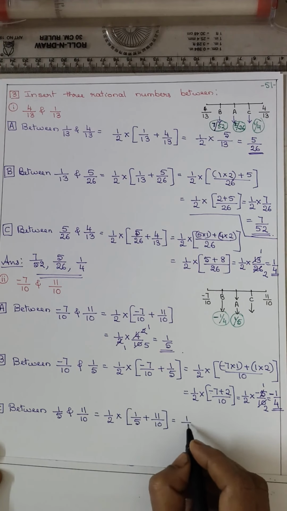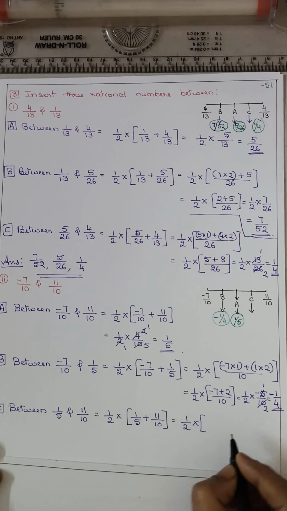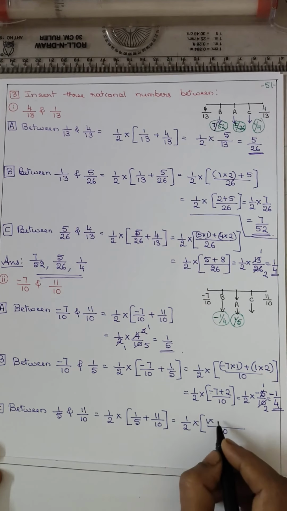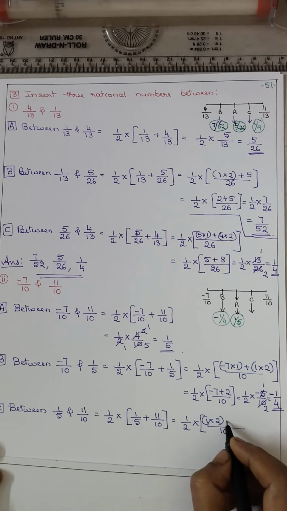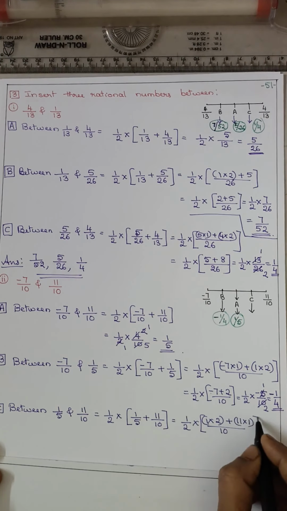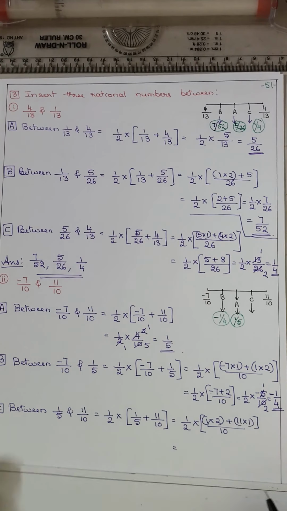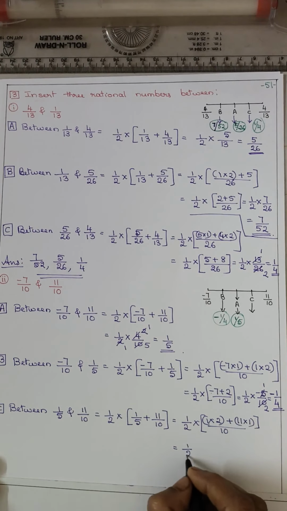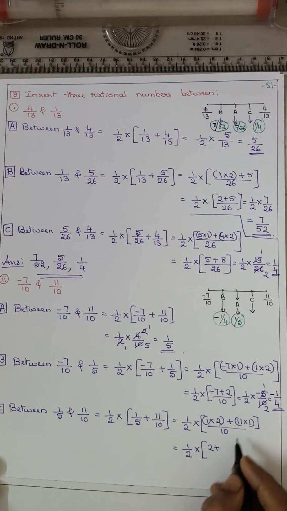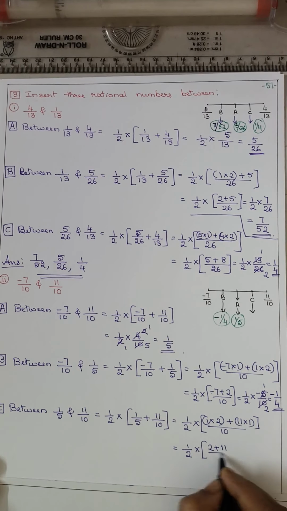Take the LCM: 1 into 5 2s are 2, plus 11 10 1s are 11. So half into 2 plus 11 upon 10.